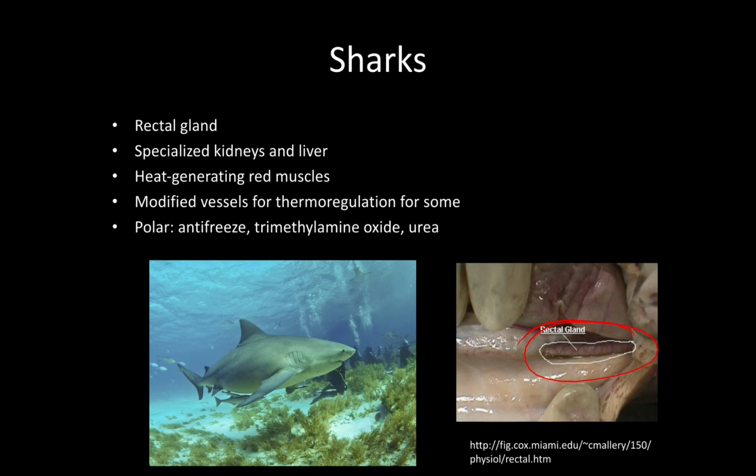So they take in seawater, including water and salt, and they have to have some way of removing the excess salt from their bodies, which is through the rectal gland. So they also have specialized kidneys for removing excess salt and for conserving water to prevent them from losing too much water. I'll explain why later in the discussion proper.